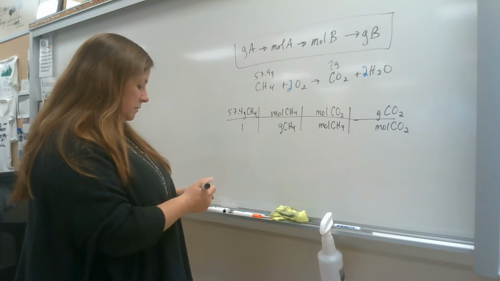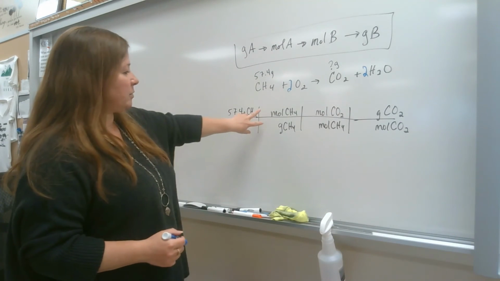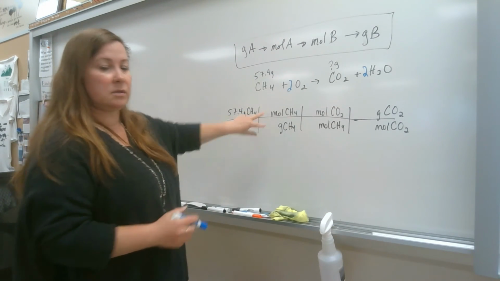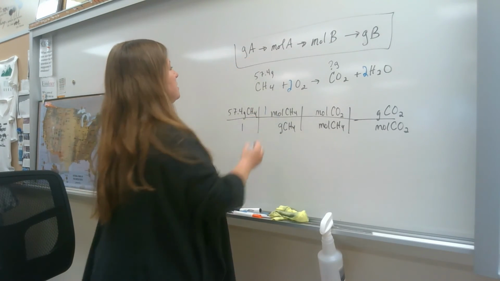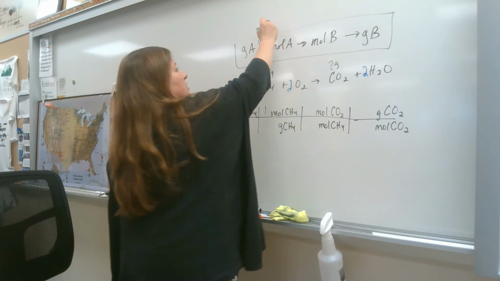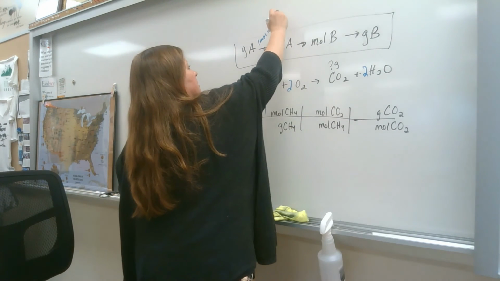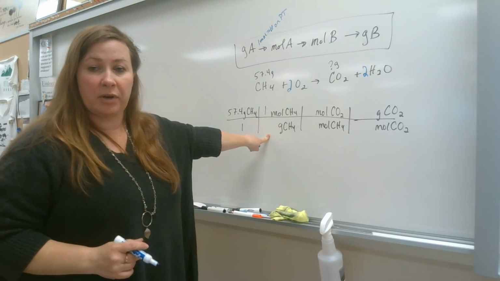So to do that, we're going to say, okay, if I'm going between grams and moles, it's always 1 mole. So going between grams and moles, it's 1 mole, and that's equal to the number on the periodic table. So now I got to look up the number on the periodic table.